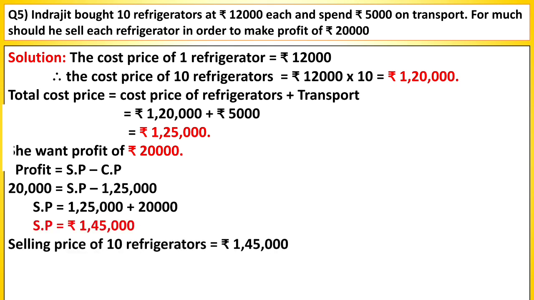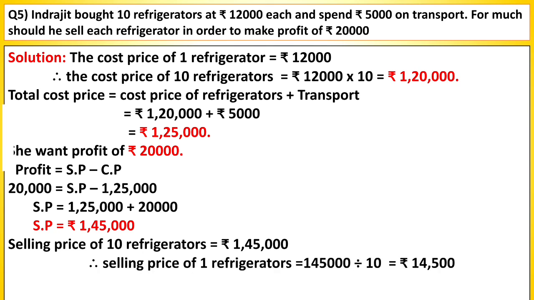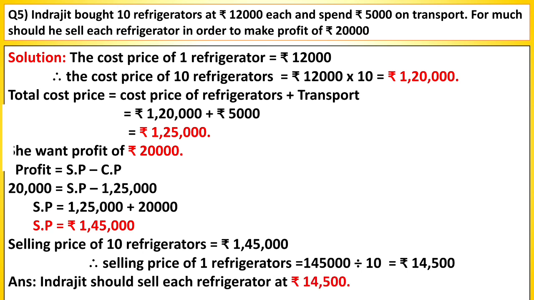So this is the selling price of 10 refrigerators, but we want the selling price of one refrigerator, so we will divide 1,45,000 by 10. So we get what? 14,500. Therefore, Indrajit should sell each refrigerator at rupees 14,500.